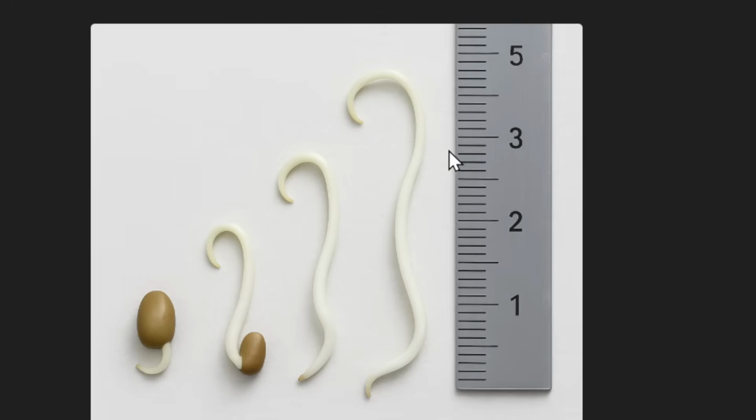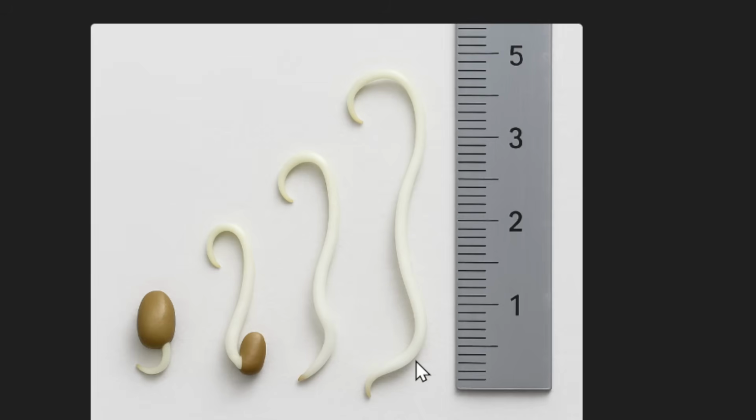Third day, it is not 3. It is 2 centimeter and 8 millimeter. Likewise, day 4, it is 3 centimeter and 8 millimeter. Okay, it's not 5 students, it is 4.